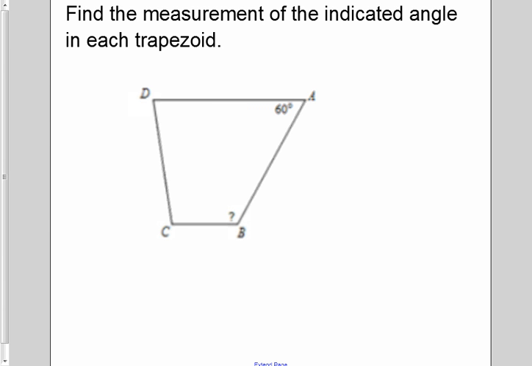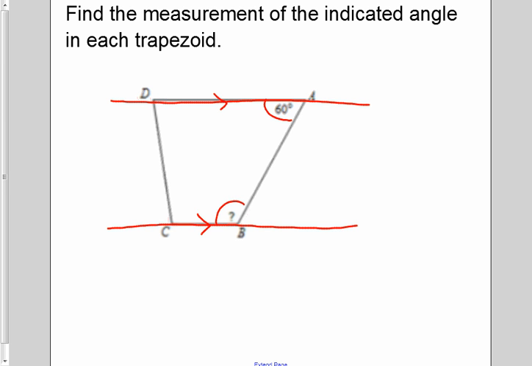All right, so it says find the measurement of the indicated angle in each trapezoid. Actually, we might have a couple more than two of these. Okay, so if we have this one here, this is the 60 degrees, and I'm looking for this one. Do you see how these two lines are parallel? Remember, trapezoids have one set of parallel lines, and these are them.